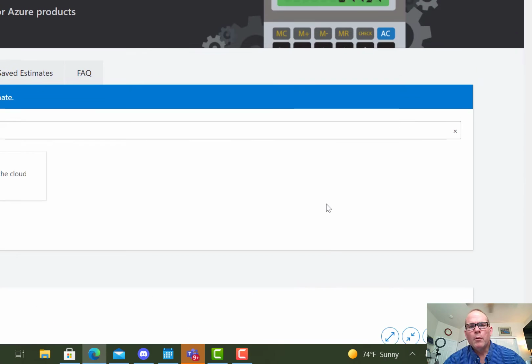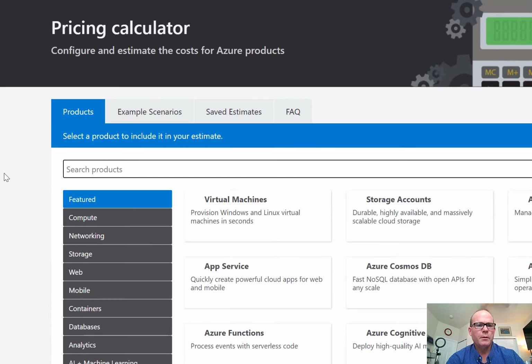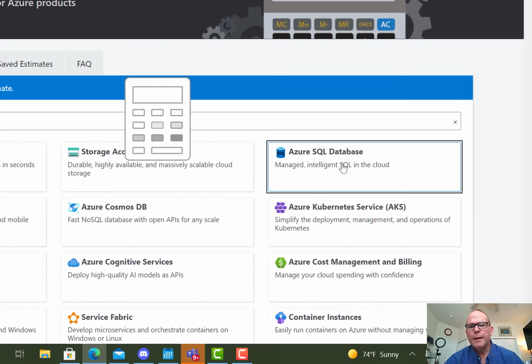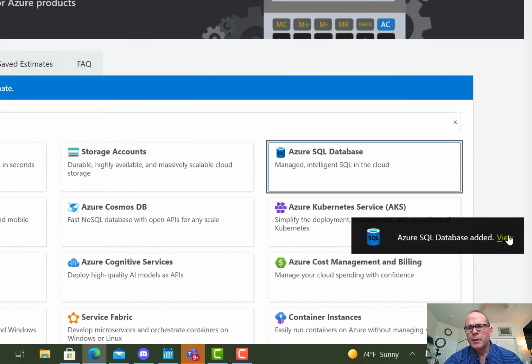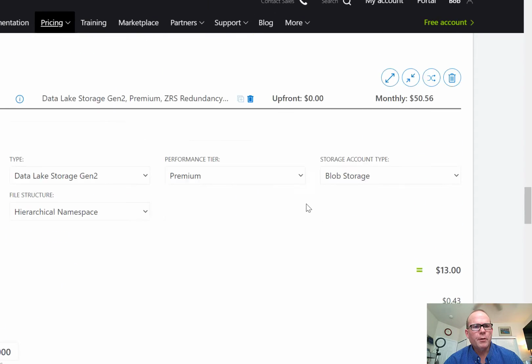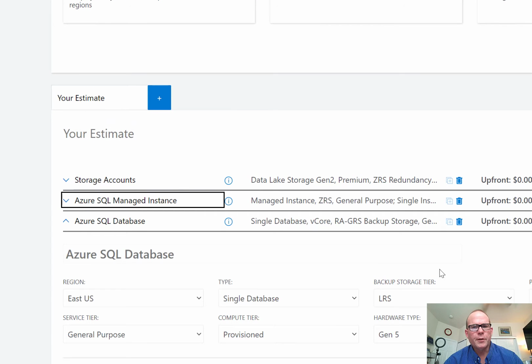And then I'm going to add one more here, and I'm going to go to just Azure SQL. And just to show you what I did here, maybe it's a little bit easier to see.